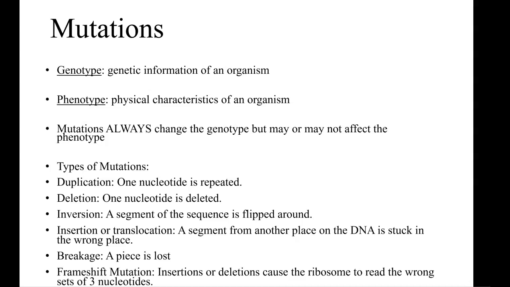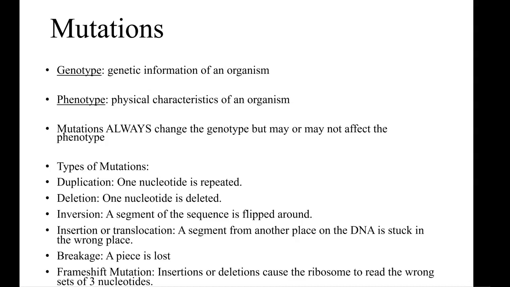The phenotype is going to be the physical characteristic of an organism. As we saw with proteins, our proteins are made up of amino acids, and the sequence of amino acids is going to be very important for that protein to fold and for it to function.